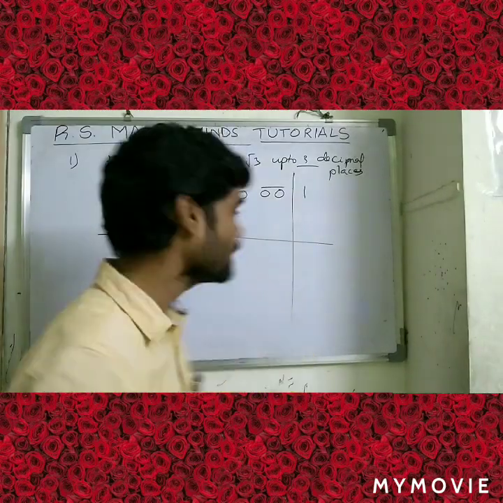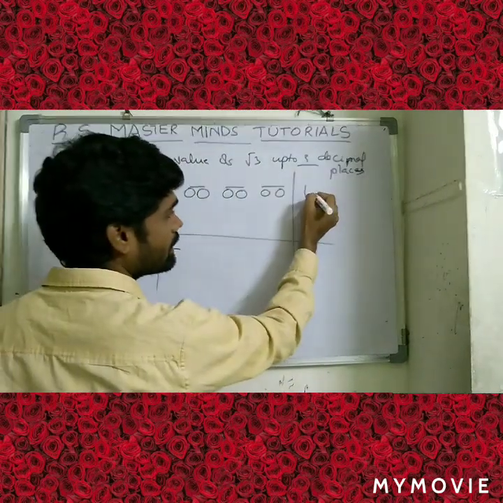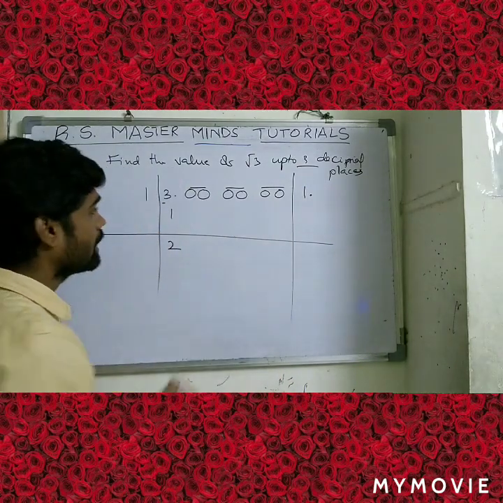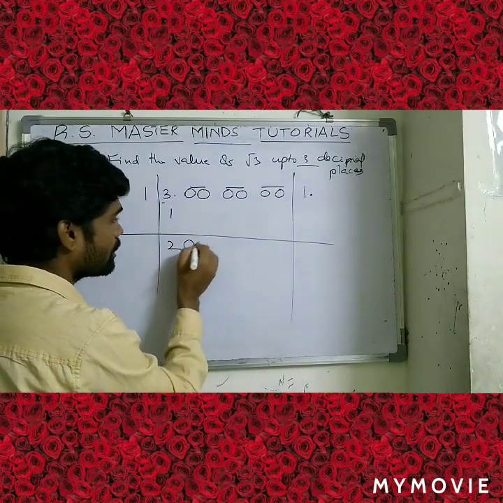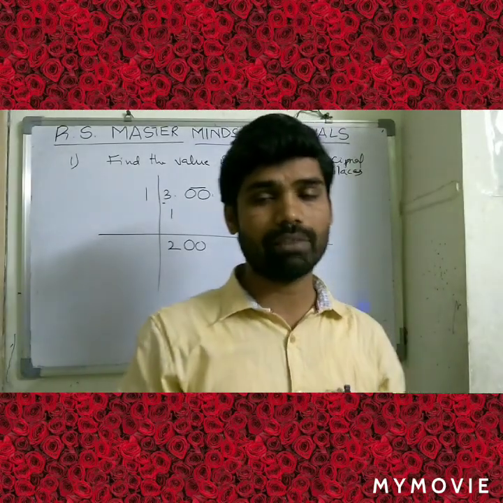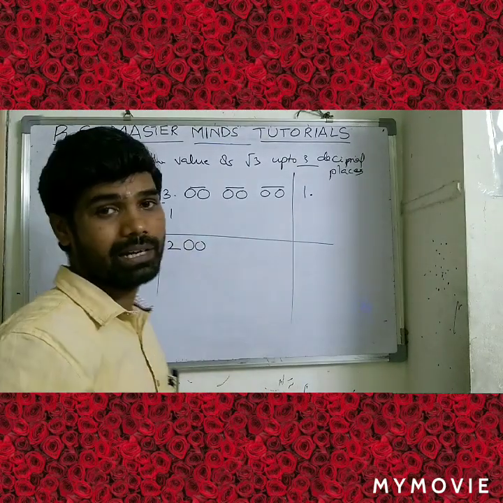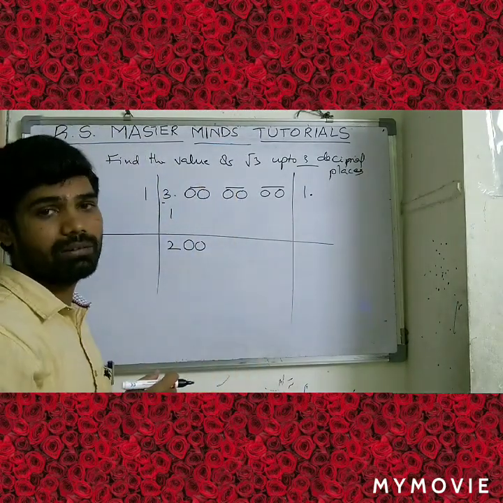So 3 minus 1 is 2. Now take one pair of zeros. Every time we will take only one pair of zeros.